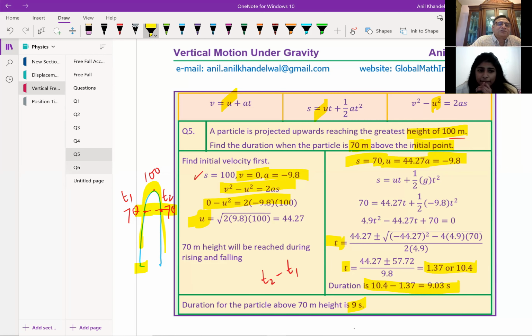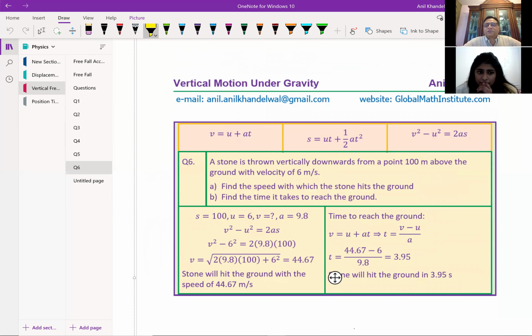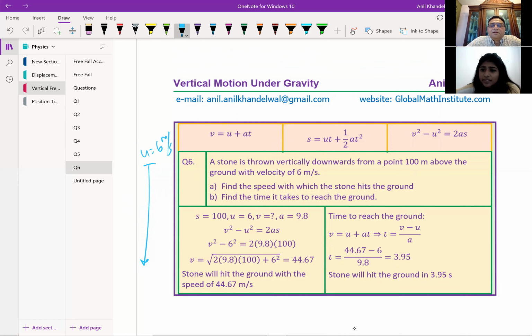Okay. Last question for you, Amy. Can you please read this question and answer? A stone is thrown vertically downwards from a point 100 meters above the ground with velocity of 6 meters per second. A. Find the speed at which the stone hits the ground. Okay, so we need to find the final velocity v.